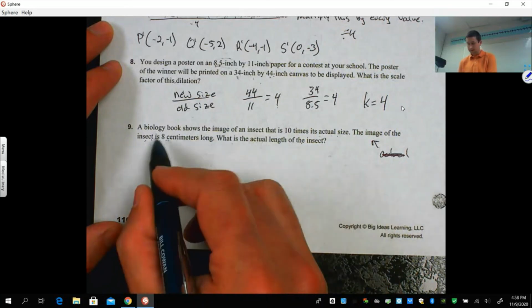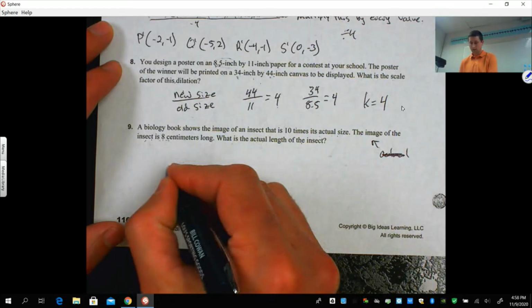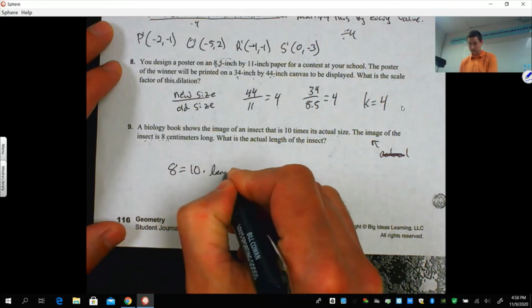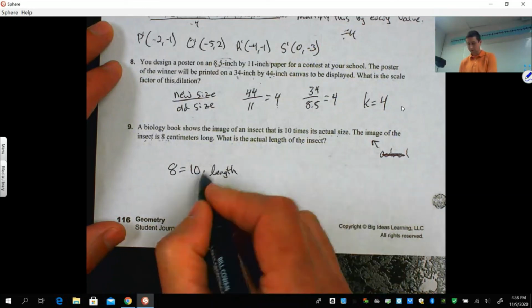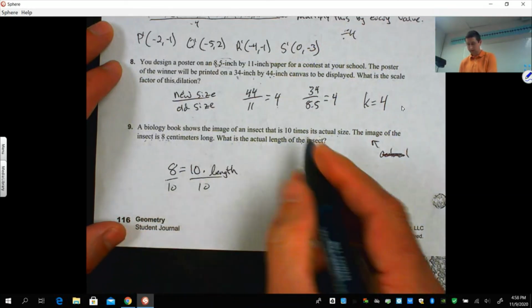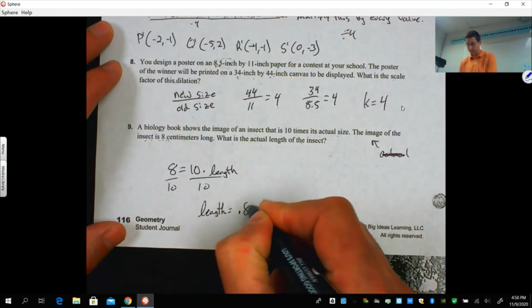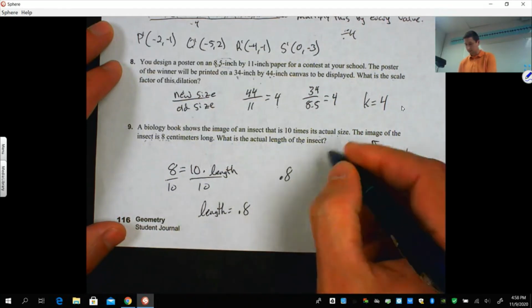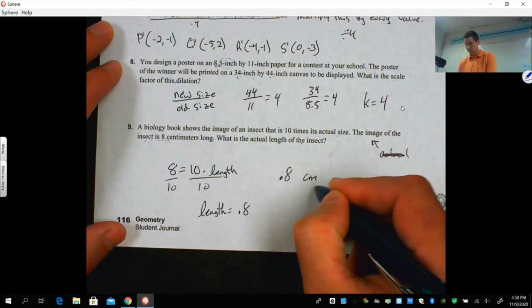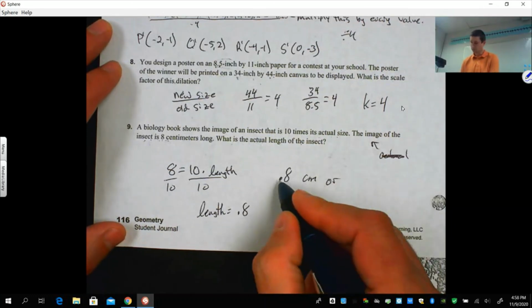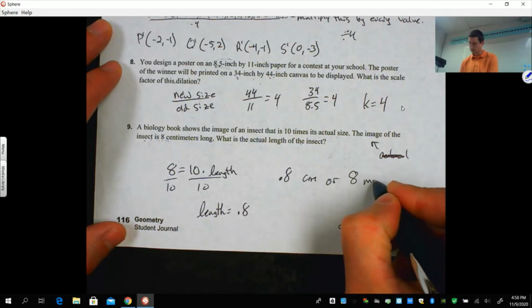So this is 10 times what it is. So 8 equals 10 times the length, whatever it is. If you divide by 10 here, you would get that the length equals 0.8. So you can say 0.8 centimeters, or how many millimeters would that be? Move the decimal 1 to the right, 8 millimeters.